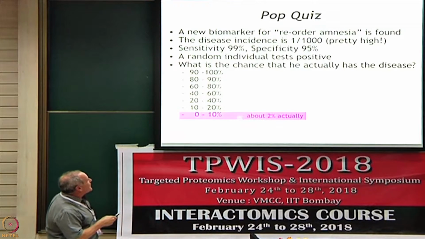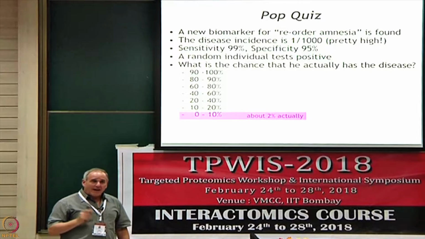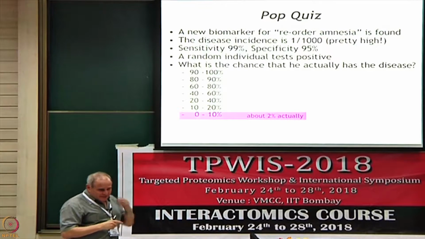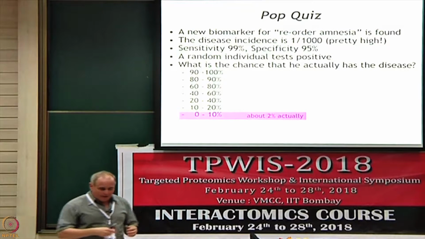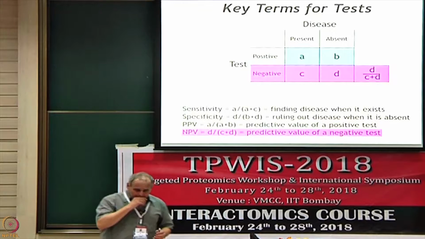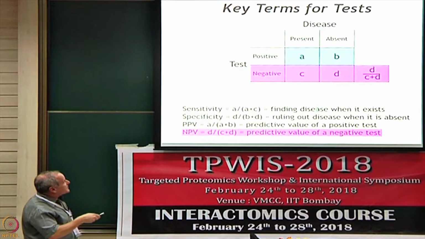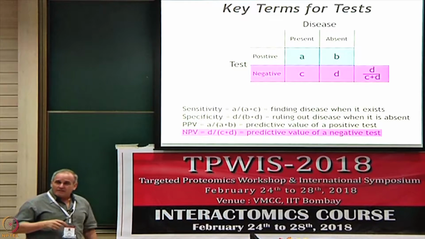Because remember, what affects you here is the incidence of the disease. It's very low. And it turns out that this is an important thing to remember about these statistics. And let me go back a second and point that out. Remember that sensitivity and specificity were down in these columns here, right?